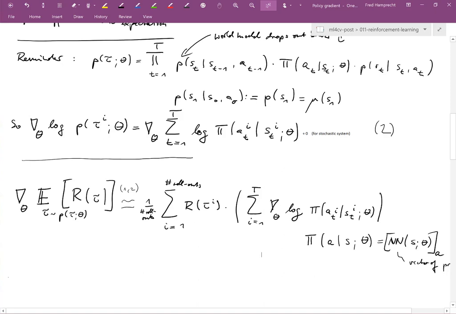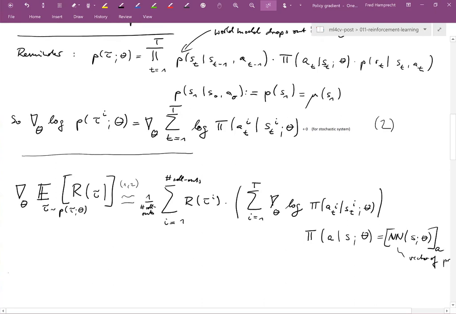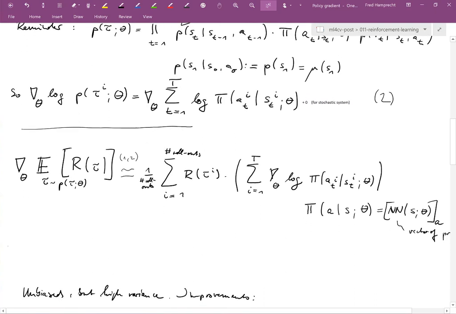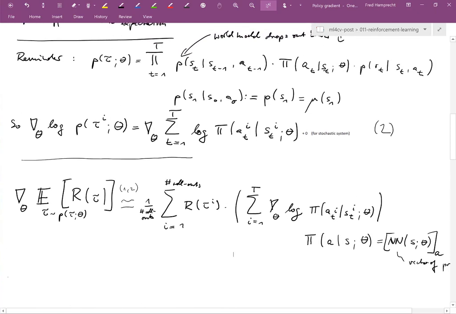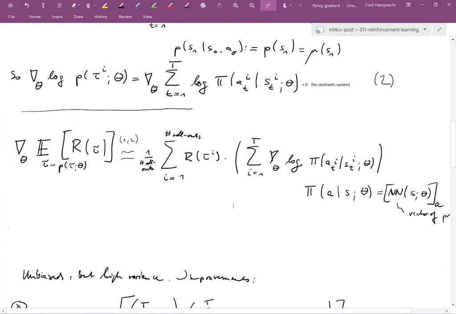So if the reward was poor, then there is no motivation to make these actions more probable. But if the reward was high, then there is a great incentive. This works, but this gradient estimate can be very noisy.